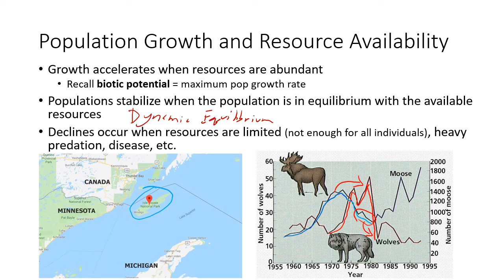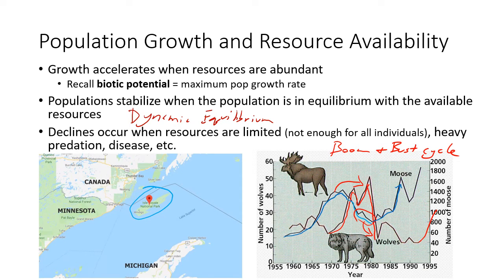They're not going to have enough food, individuals are going to starve, mothers are not going to produce enough milk to nurse all of their offspring, etc. And then with less predation, the moose population is going to rebound, and you're going to see this entire thing repeat itself. Okay, that's what we call a boom and bust cycle, like we've discussed before.